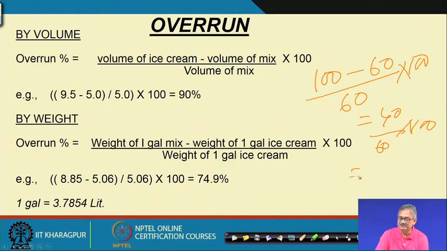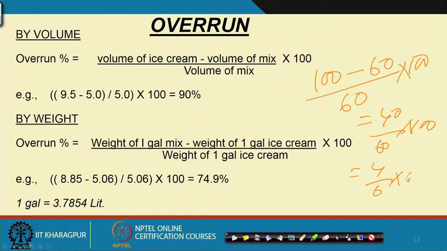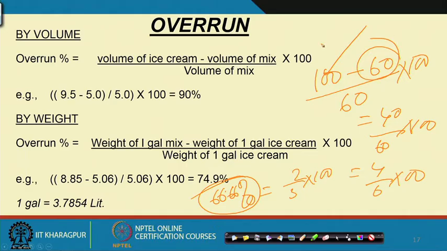So, that means it is 4 by 6 into 100, that is 2 by 3 into 100, which is 0.66. So, 66.66% you have overrun, right. So, that means your overrun is much less. You have 100 ml ice cream in which 60 ml mix is there, and you have an overrun of 66.66%.